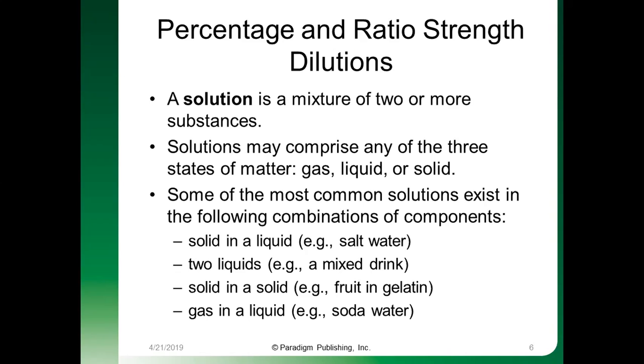Some of the most common solutions exist in the following combinations of components. A solid and a liquid, an example would be salt and water. Two liquids, that would be a mixed drink. A solid and a solid, fruit and gelatin. And gas in a liquid would be soda water.